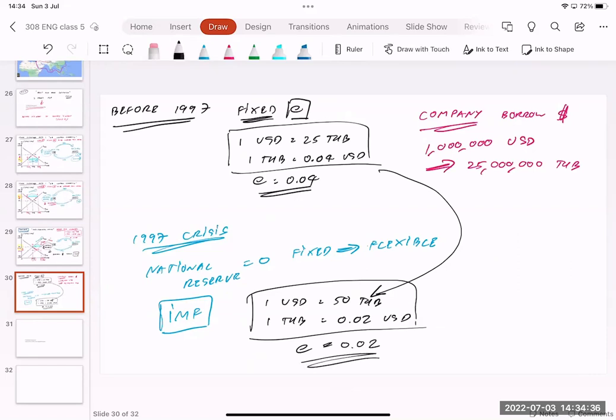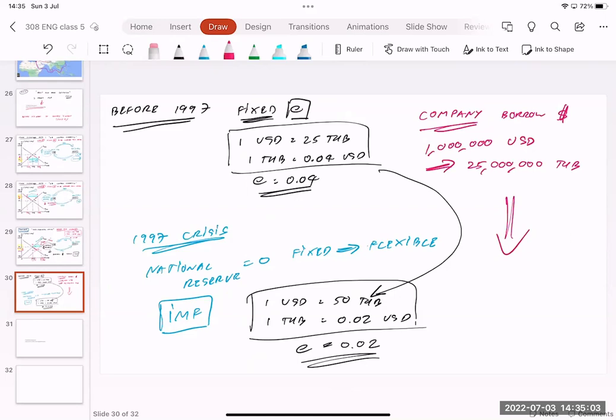And this affected many big companies in Thailand. If the company borrowed 1 million US dollars before the crisis, that debt was 25 million baht. After we changed the system from the fixed to the flexible exchange rate, the debt in US dollars is still the same.